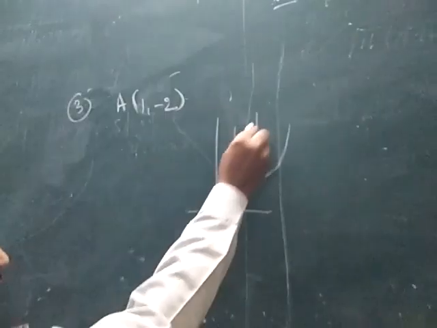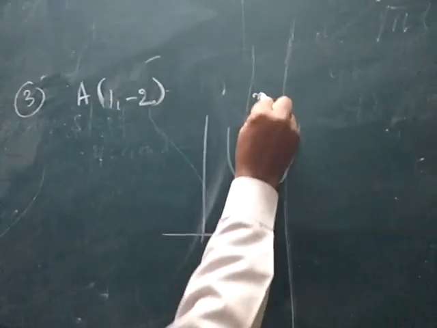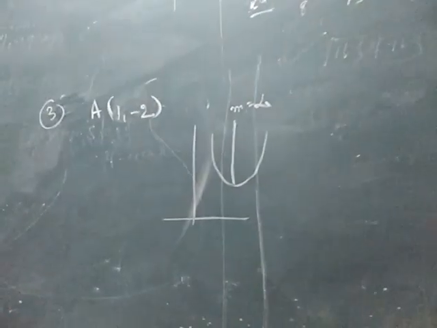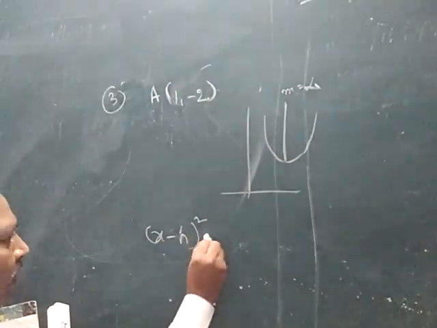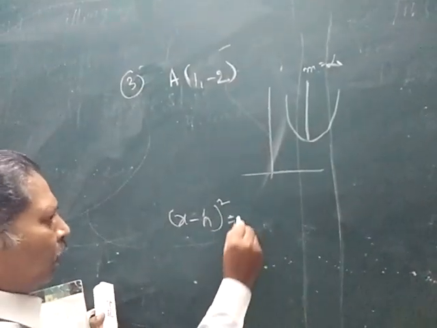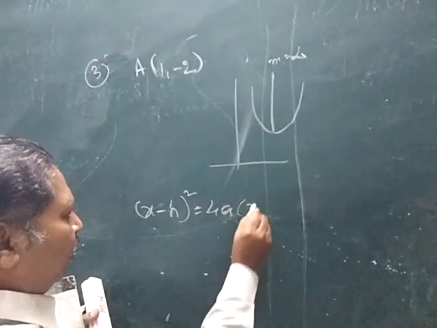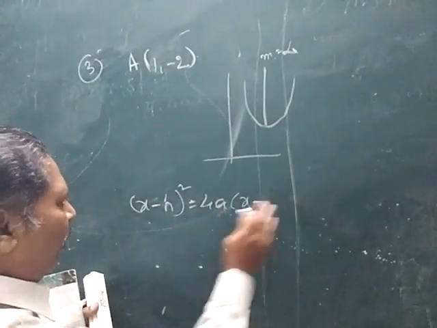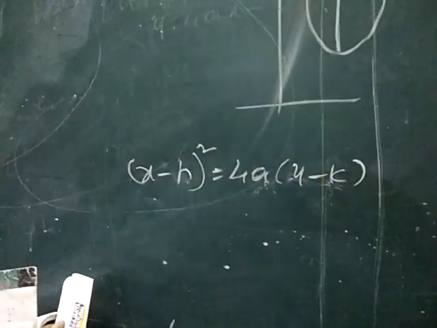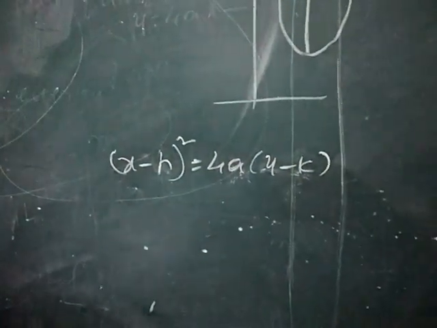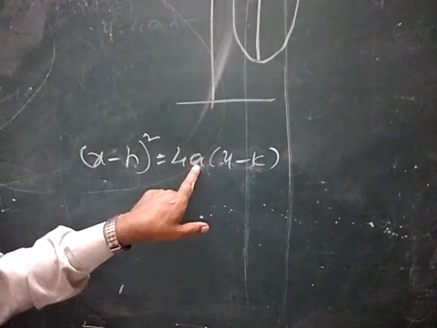The formula is (x - h)² = 4a(y - k). We want the a value.